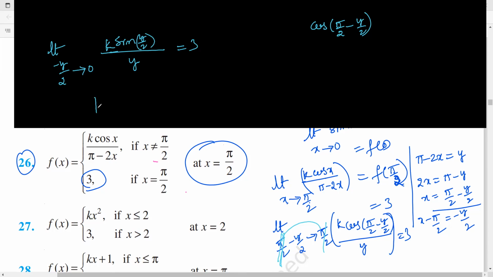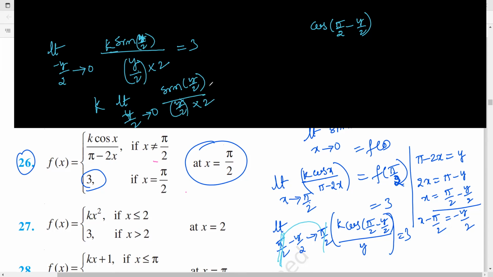Now here, k you can keep aside, and sine y by 2 came here, and here also y by 2. Then sine x by x is 1, no? The limit, y by 2 tends to 0, of sine y by 2 by y by 2.